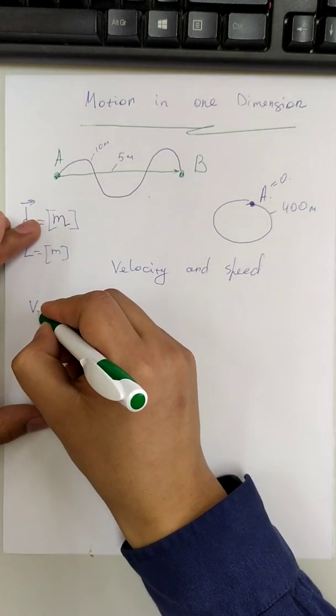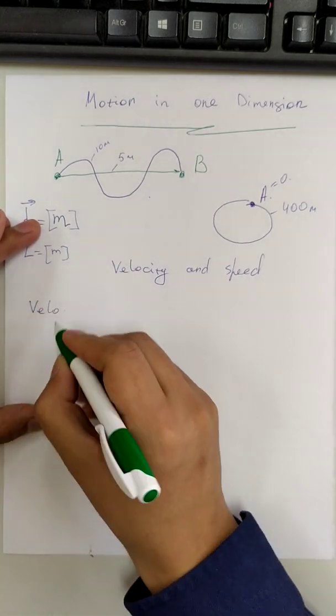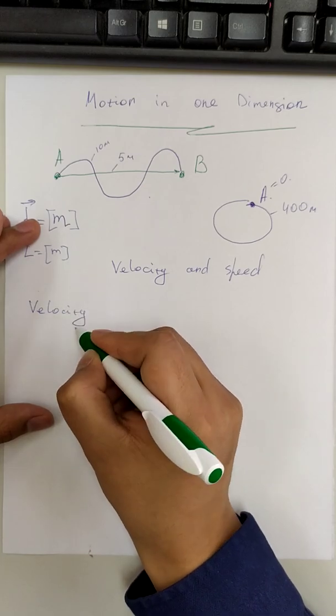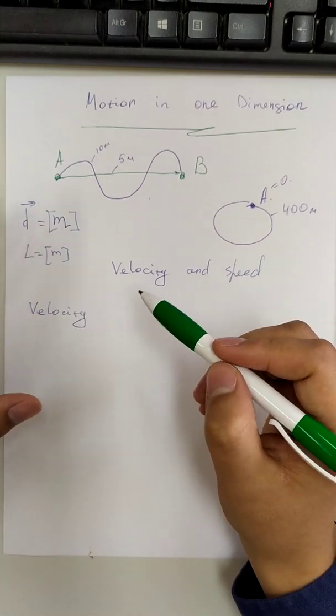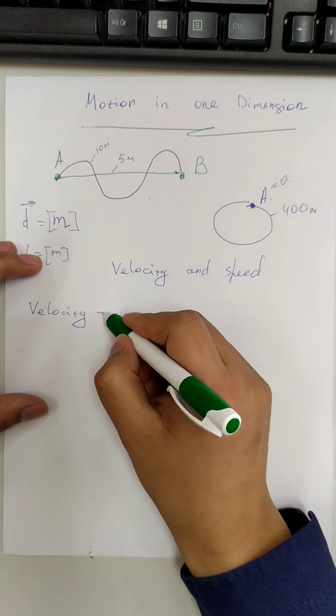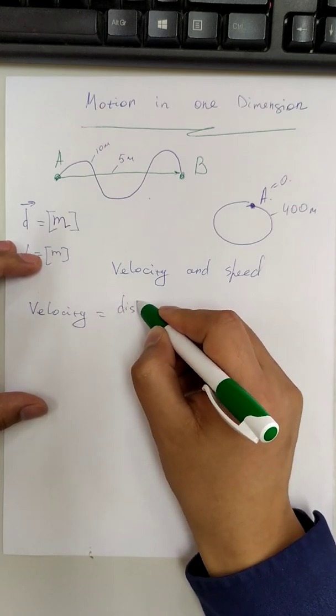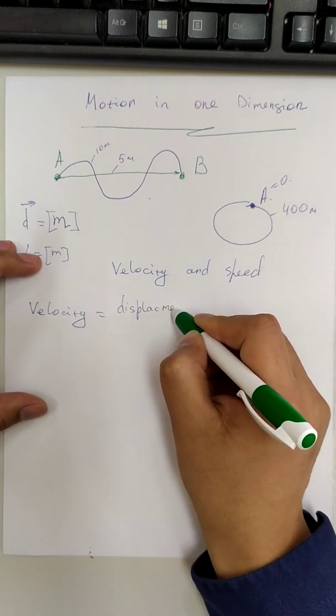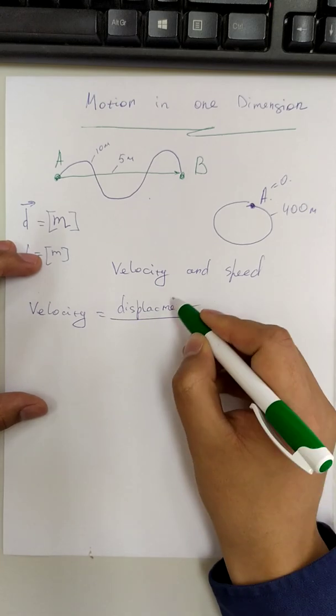Velocity is defined as the displacement per unit time.